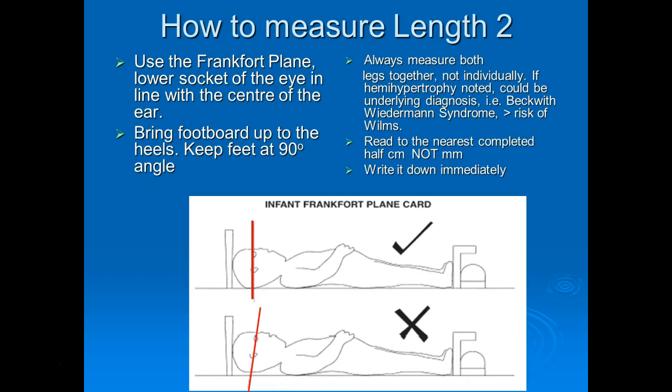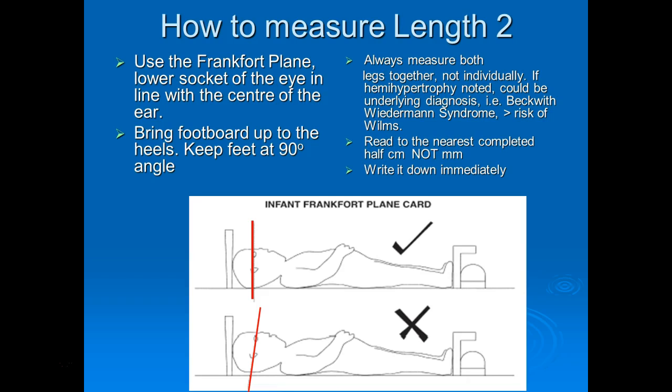You bring the footboard up to the heels and you try and keep the feet at a 90-degree angle. Little babies and children will have the temptation of automatically trying to bring their toes forward and push the base away. So there's something about the grip on the knees and pushing securely down on the ankles to bring that plate up to keep the feet at 90 degrees. Always measure both legs together, obviously not individually.